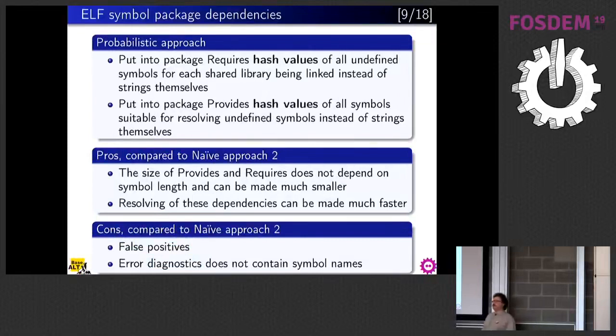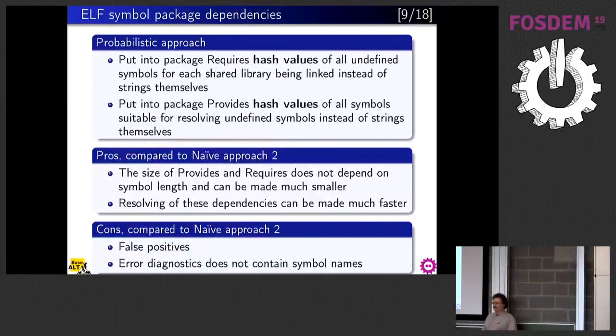So it's not that risky, because you can actually control this false positive rate by choosing the proper hash function. This way you can reduce the size of provides and requires to a level that can actually be worked with.